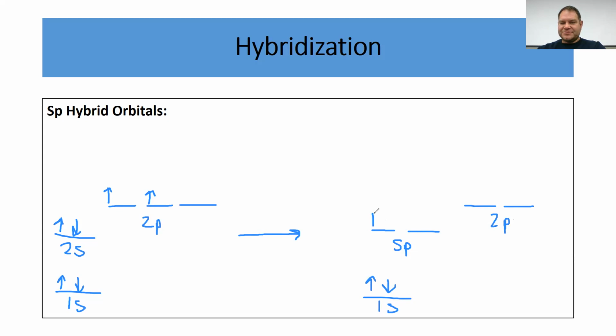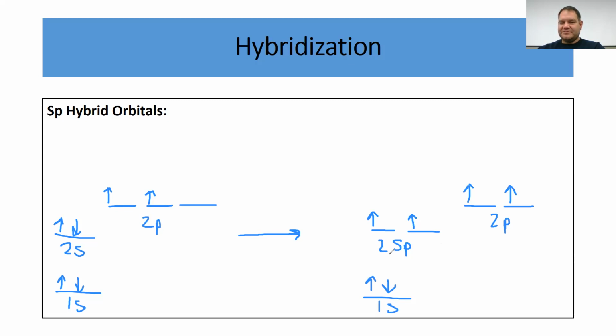And so we have an electron here and an electron here. And then we have an electron in one of the p orbitals and another one there, okay? And so this is the result of sp hybridization. 2 hybrid orbitals are made, and we have 2 p orbitals left over, okay?